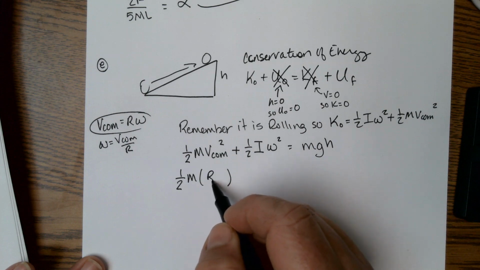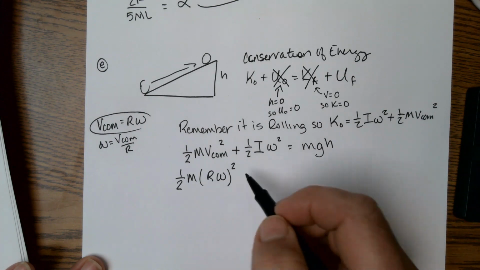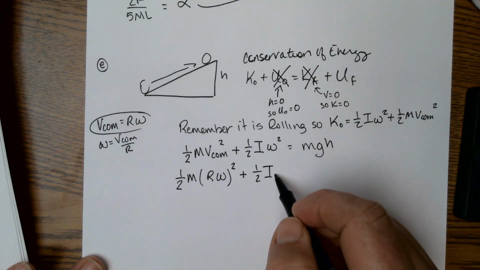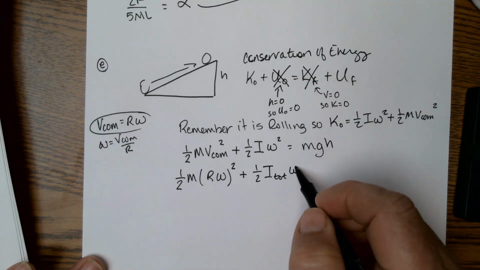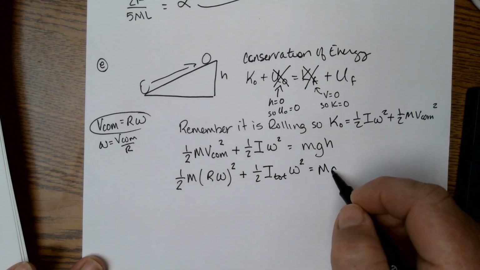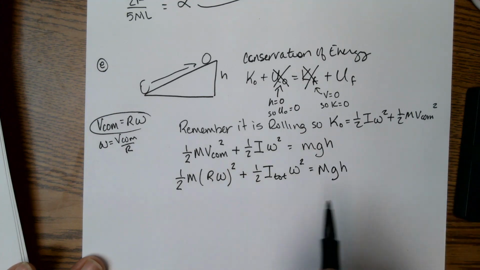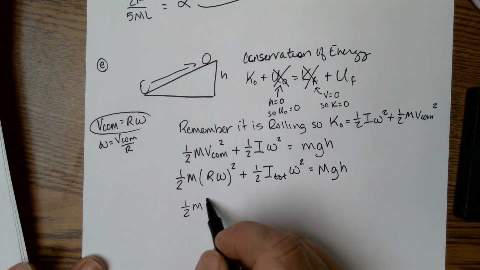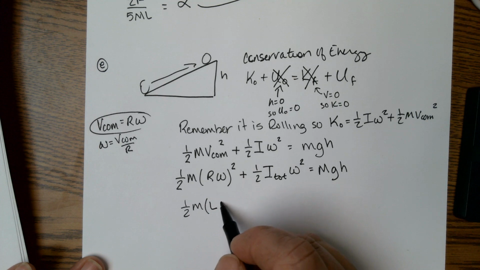So I'm going to put in R omega. I is the I total, and I know I, but I don't have to plug it in, is equal to mgh. Now, one more thing that I need to change, and that's this R, which is the radius, that's L.